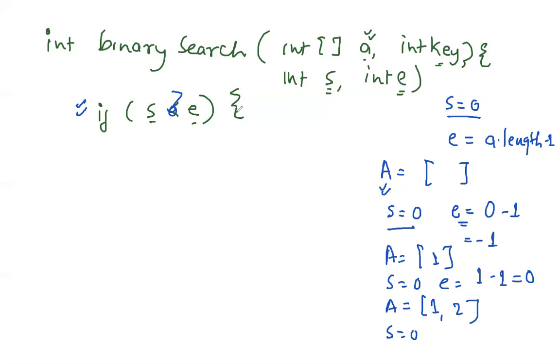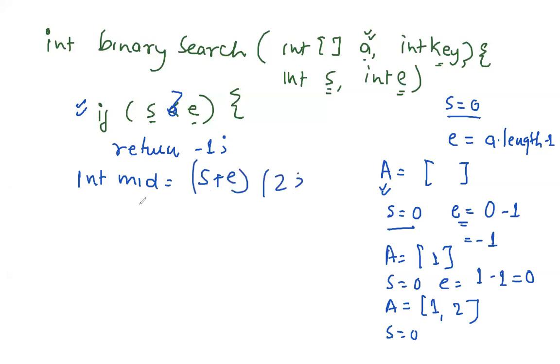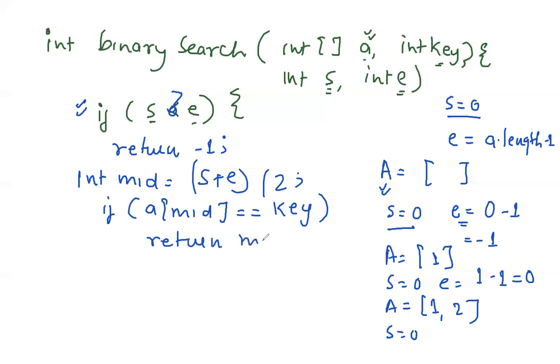We don't need to search anything. Just return -1. Else, we'll find the mid, which will be S plus E divided by 2. And then if A of mid is equal to key, you will return the index mid.